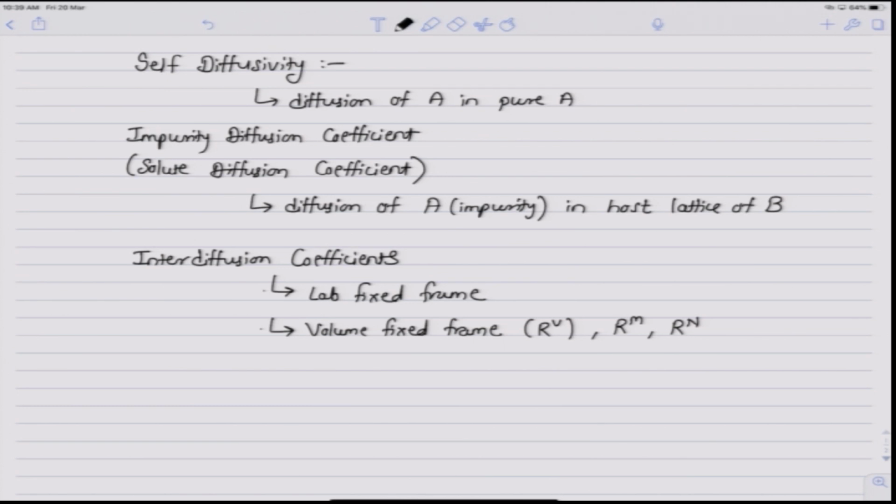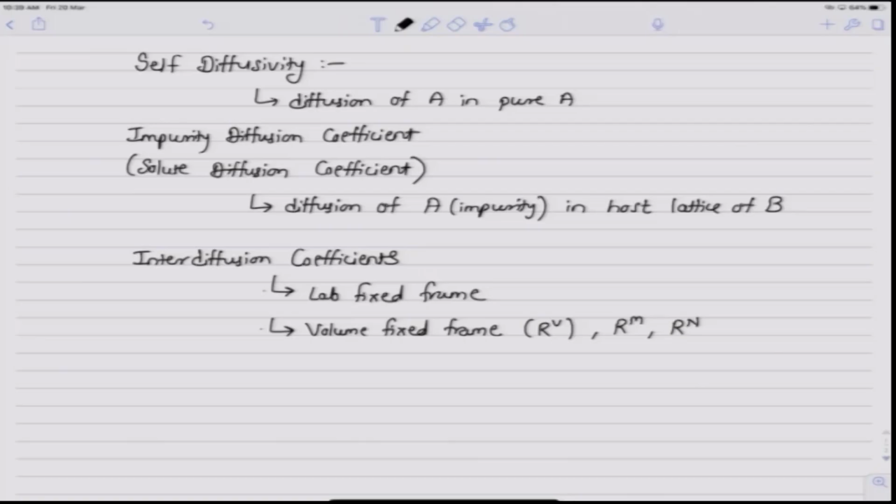We can also determine the flux with respect to a frame of reference which is fixed to a particular lattice plane, and it is referred to as intrinsic diffusion, and the diffusion coefficients evaluated with respect to lattice fixed frame are called intrinsic diffusion coefficients.